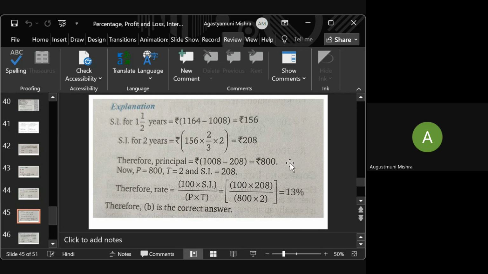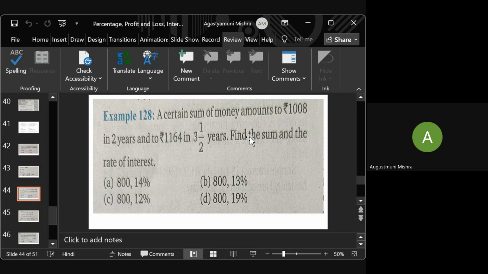I think you can see how the things are solved in this particular equation. First, they found out the difference, because there was a difference between the 2-year and the equation given, I think, was 3, mixed form.